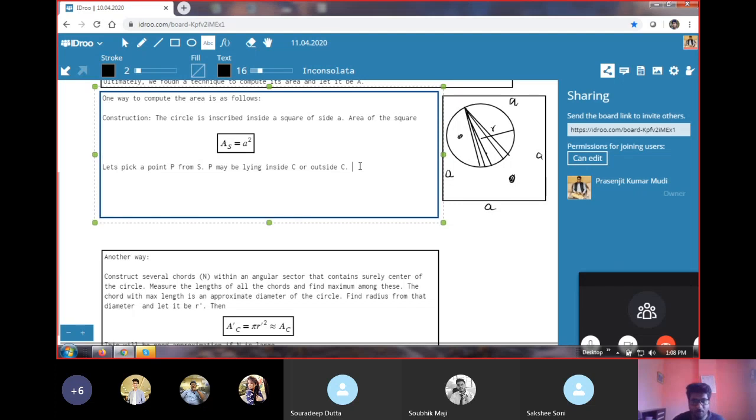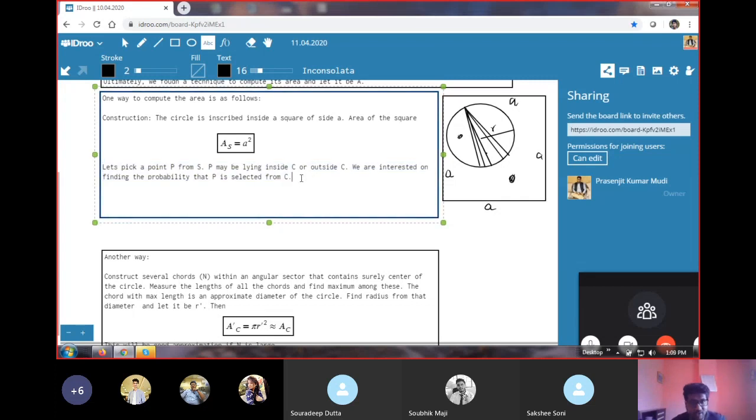Fine. Now we are interested in finding the probability that P selected is from C. It's a very important question, a very standard question in high school level, class 11, 12.